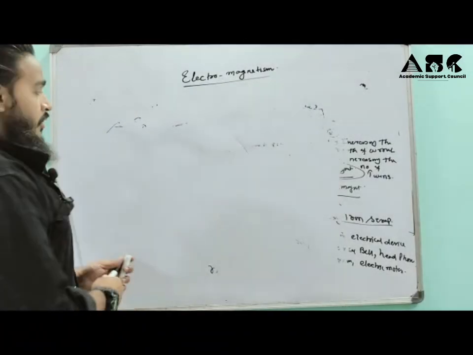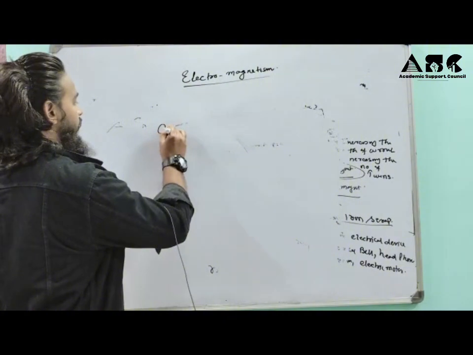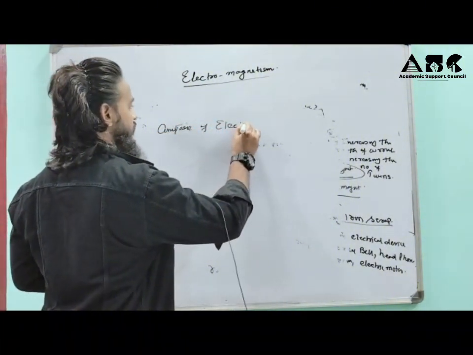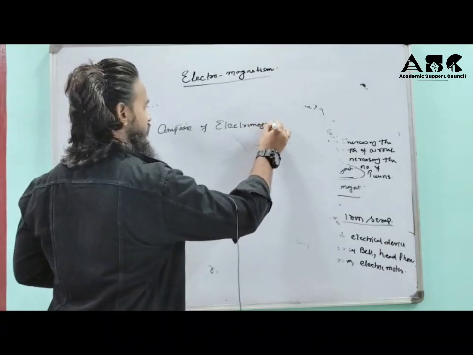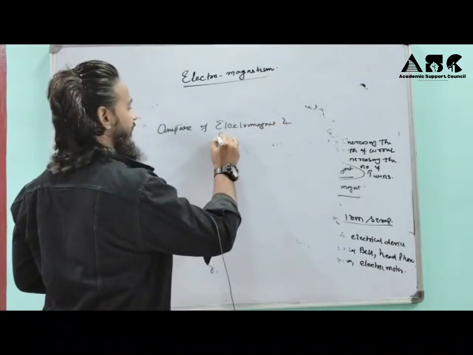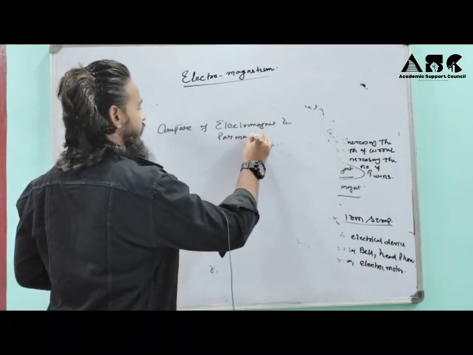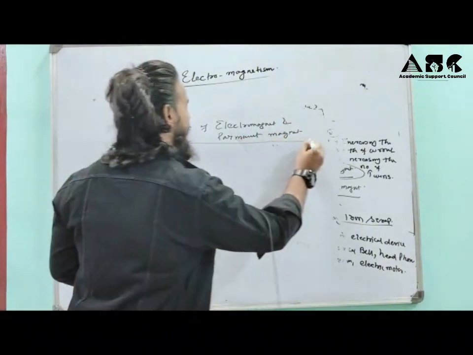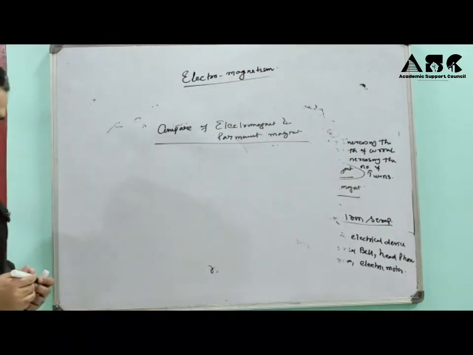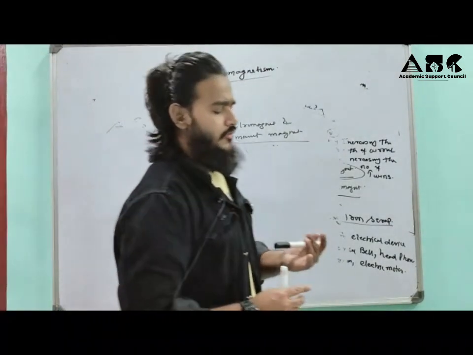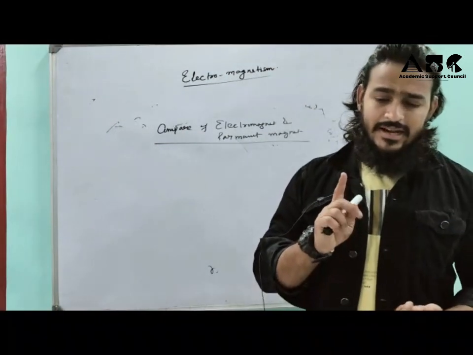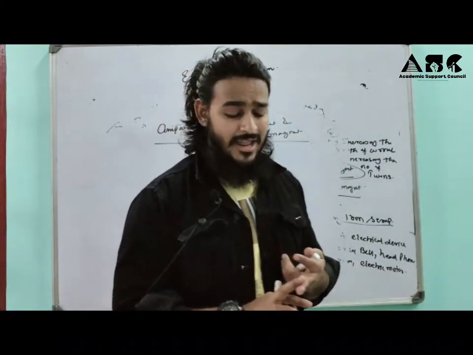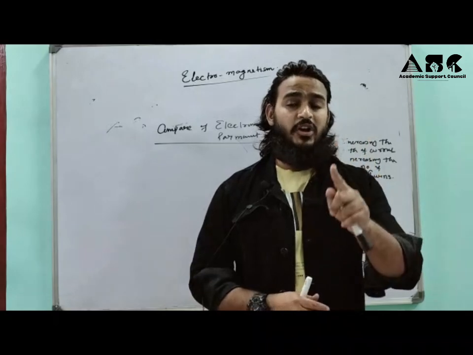Let's see the comparison of electromagnet and permanent magnet. What are the similarities or dissimilarities? Whatever we learned, we can say that the electromagnet is made of soft iron, and the permanent magnet is made of steel.